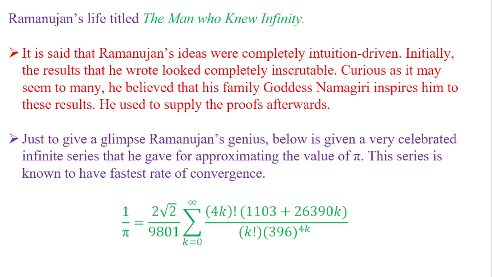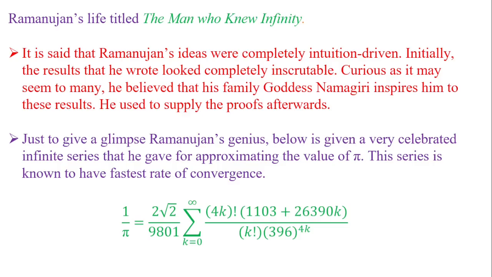Just to give a glimpse of the genius of Ramanujan, here is given in green color the very celebrated infinite series that he gave to approximate the value of pi. This series is known to have the fastest rate of convergence. This series extends to infinity. Those who study mathematics might know that you can take an infinite sum, and that infinite sum can have a finite value.